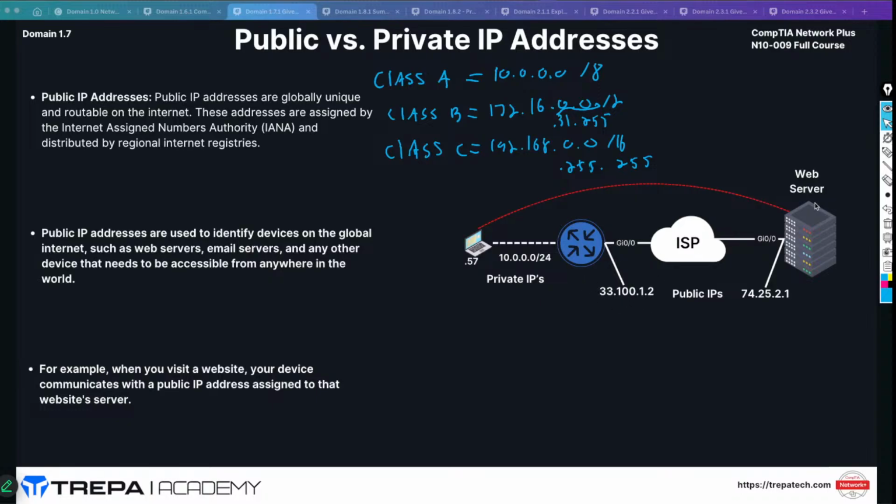And right here at this router, what we're going to do is something called NAT, which is Network Address Translation. It's called NAT. And what that's going to do is convert those private IPs to a public IP, and that's how you're routing out on the internet.